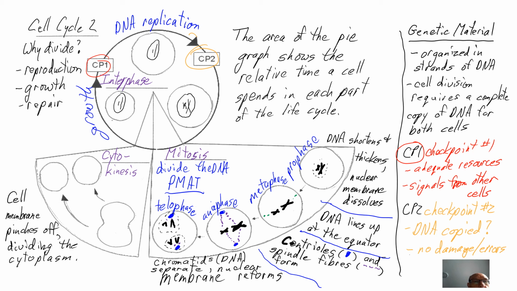Therefore, I'm going to have a short little strand of DNA. I'm going to have a longer strand of DNA. They're a little thicker than what they'll eventually be because they were thick previously. We now have a nuclear membrane around them. We have a short and a long strand up here and a nuclear membrane around them.